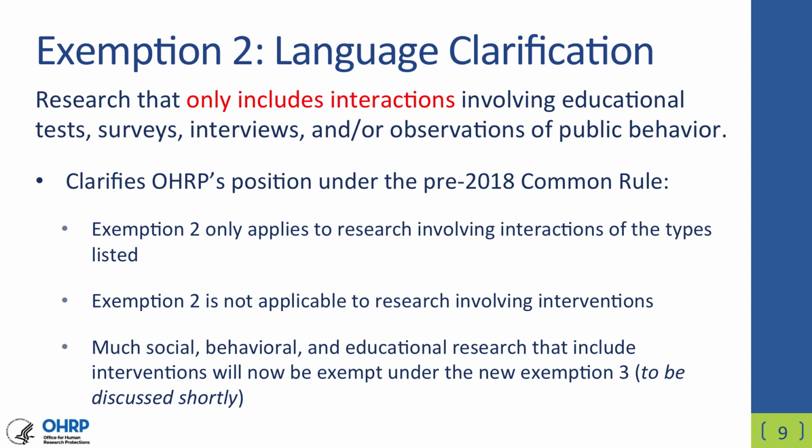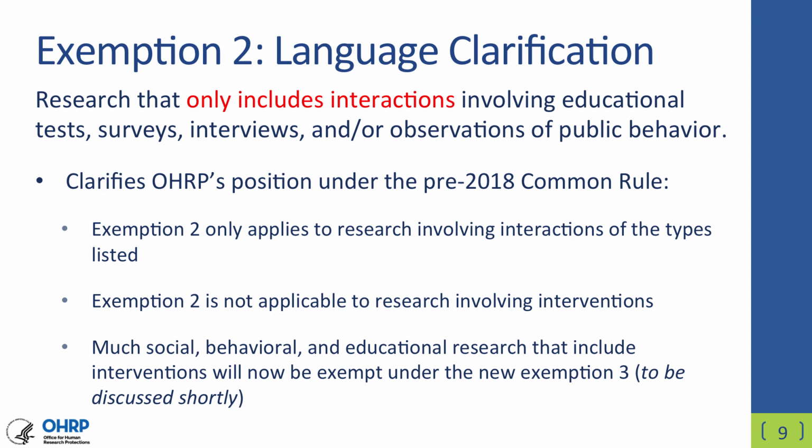The first change is a language clarification. Exemption 2 now reads that it is applicable to research that only includes interactions involving educational tests, surveys, interviews, and observation of public behavior. The additional language, only includes interaction, is not so much a change as a clarification of what is already OHRP's position in the pre-2018 Common Rule.